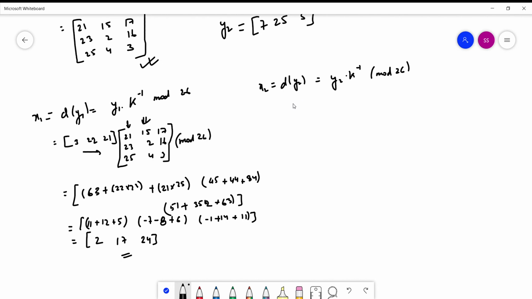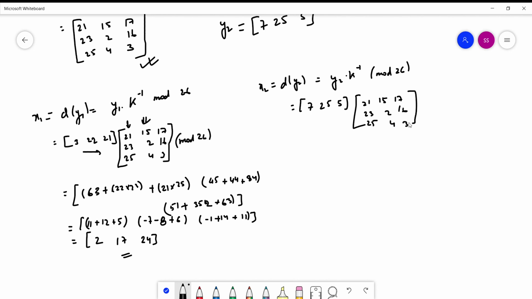Okay, so I can write this as 7 25 5. This is my y2, and my k inverse is 21 15 17, 23 2 16, 25 4 and 3.